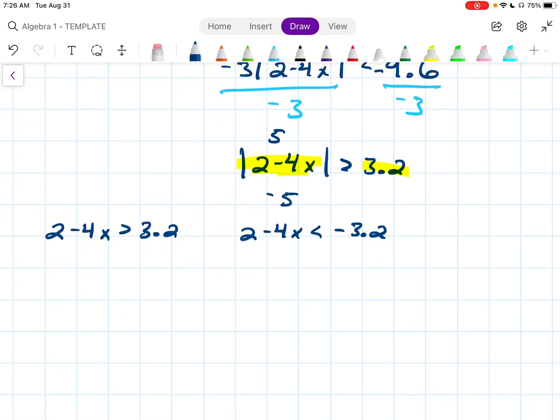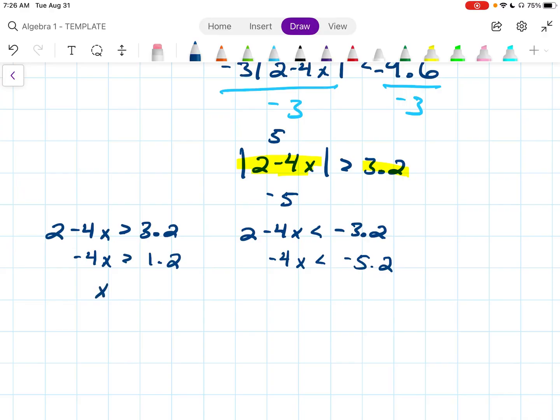Solving this, I subtract 2 from both sides. So I'll have negative 4x is greater than 1.2. On the right side, I'll have negative 4x is less than negative 5.2. Then dividing by negative 4, I'm going to get myself a decimal.